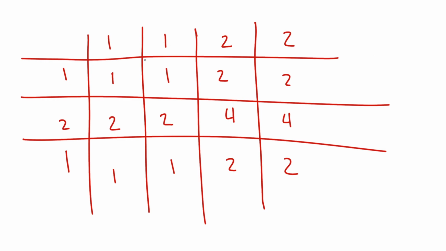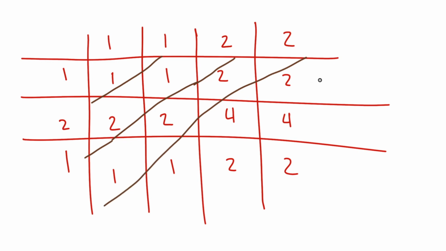Now make the diagonal lines here. So it goes like this, and then like this.